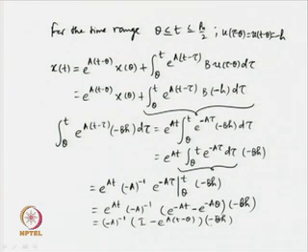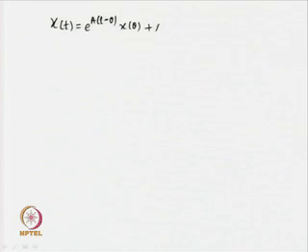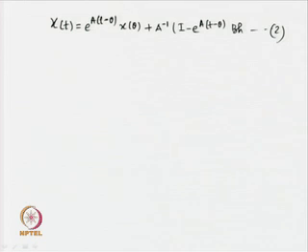So, finally, we get the output expressed in the form of x t is equal to e to the power a t minus theta x theta plus a inverse I minus e to the power a t minus theta b h. So, this is the second equation.